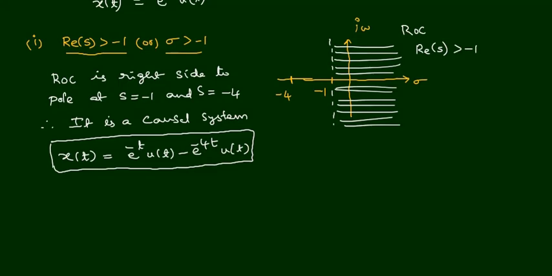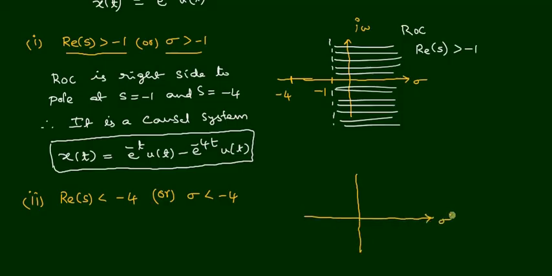The second one here is given as real part of S is less than minus 4. So our real part of S, that is sigma, is less than minus 4. Now for this we draw the ROC in the S plane.